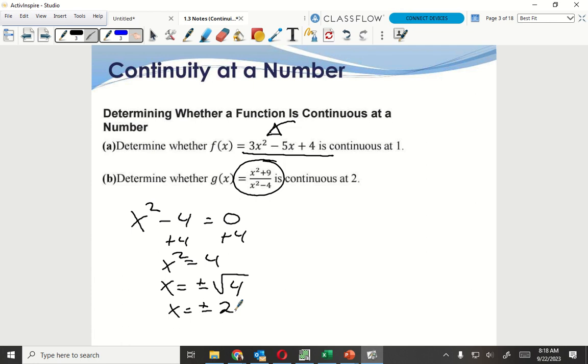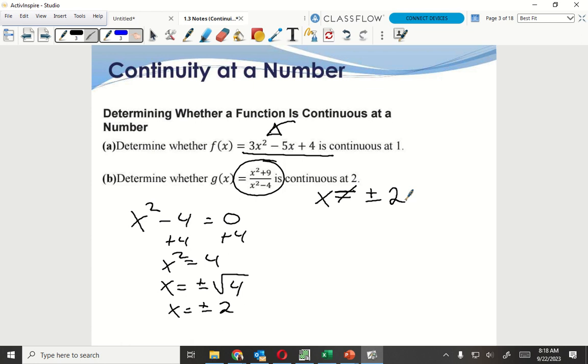So the plus or minus is going to be key. So that means x would give me a 0 when I plug in a positive 2 or a negative 2. Those are my discontinuities. So in this case right here, x cannot equal plus or minus 2.